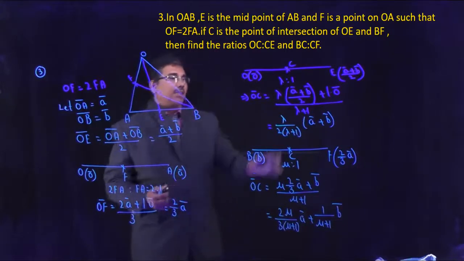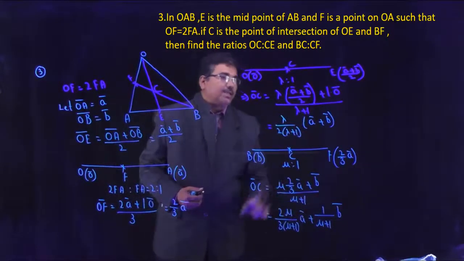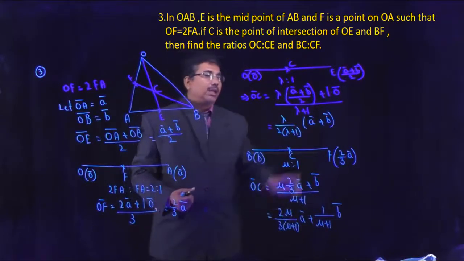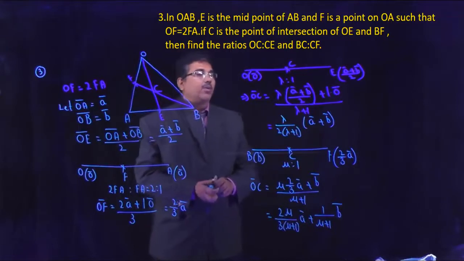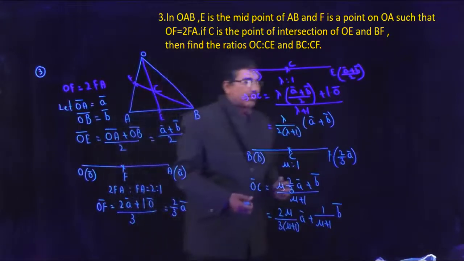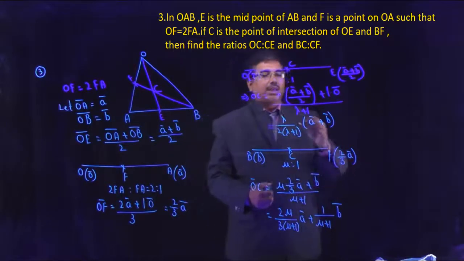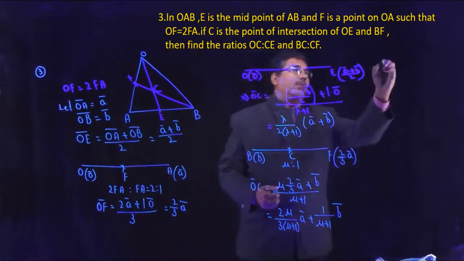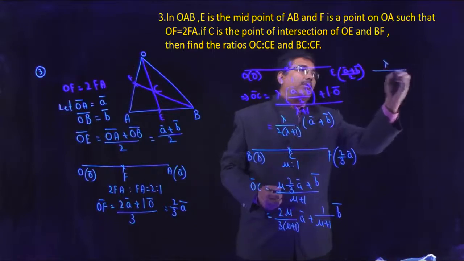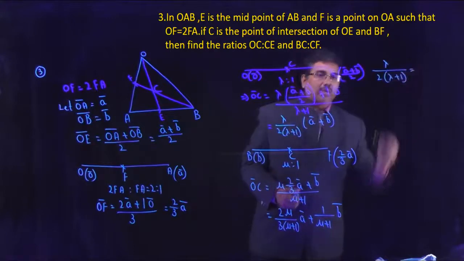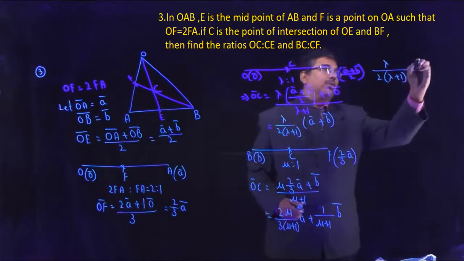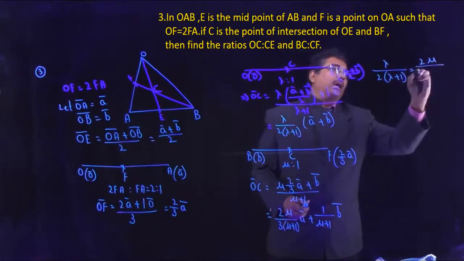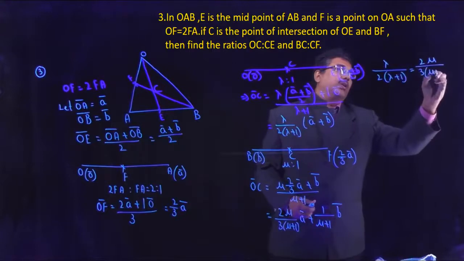Right, this is OC bar, this is also OC bar. Now equating the corresponding coefficients. Equating the coefficient of a bar: lambda divided by 2 times (lambda plus 1) is equal to the coefficient of a bar in this, which is 2 mu divided by 3 times (mu plus 1).